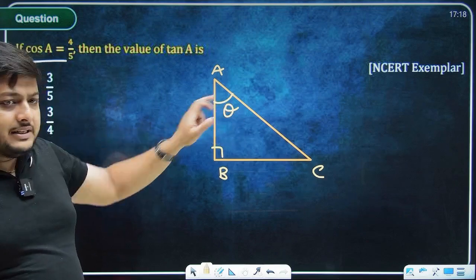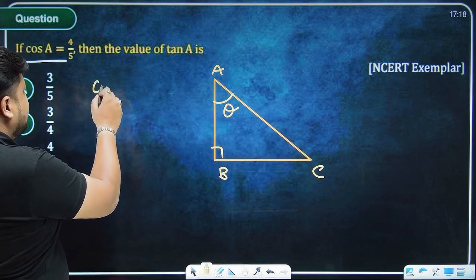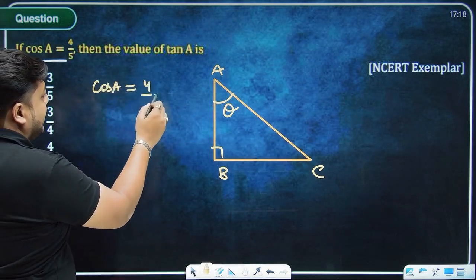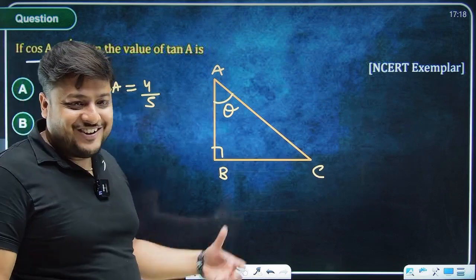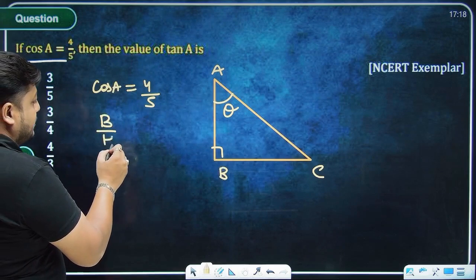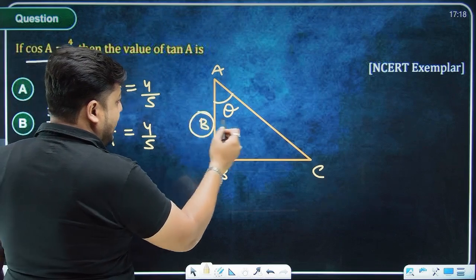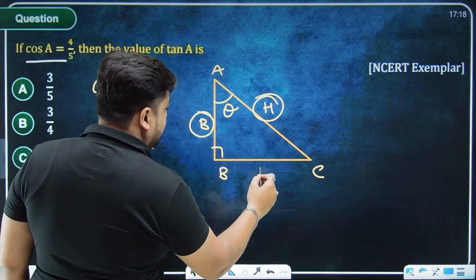So we have to consider theta at A only. Okay. So cos A is 4 upon 5 this time. And what is cos? Already told you, base upon hypotenuse. So it will be B upon H equals 4 upon 5.